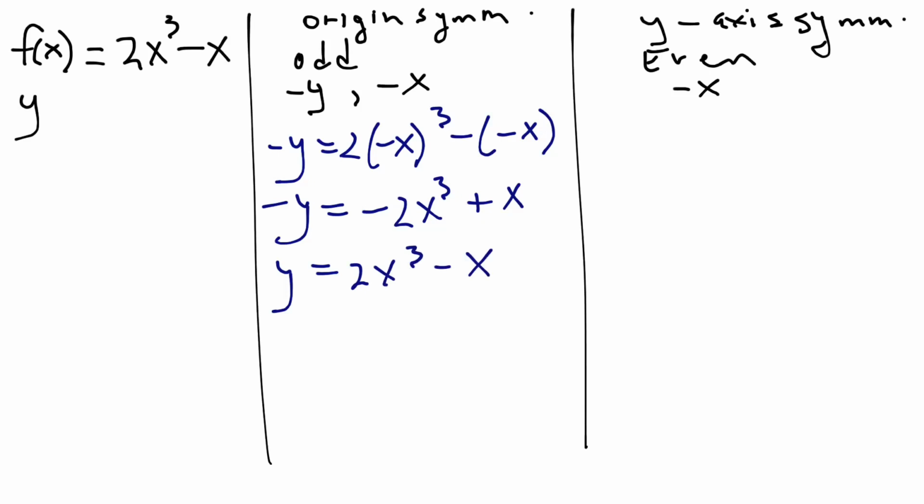Now, these two equations are the same, so we believe that this is an odd function. But I'm going to check for even, just to make sure I understand this function fully. So I'm going to replace x with negative x and simplify.